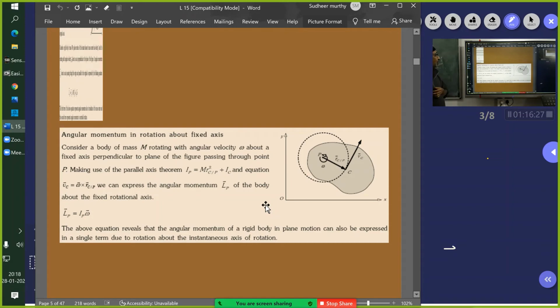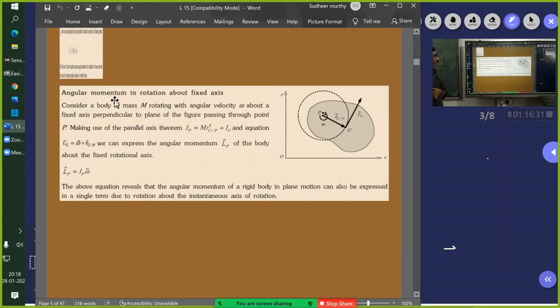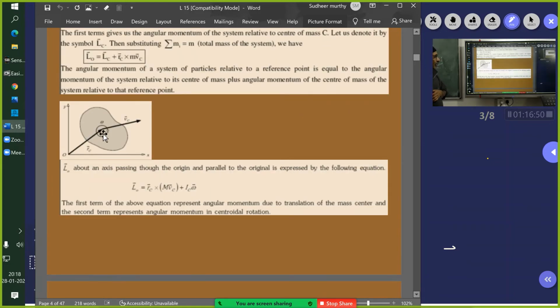Now I will take you on a journey here. Angular momentum in rotation about a fixed axis. Now the axis of rotation is not through the center, and here also it is not through the centroidal axis.